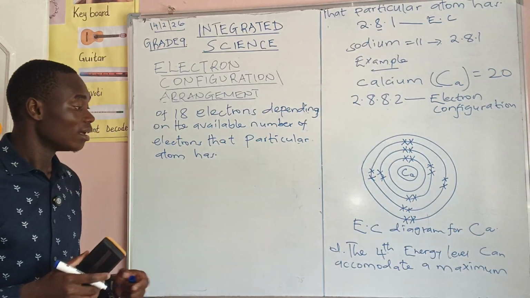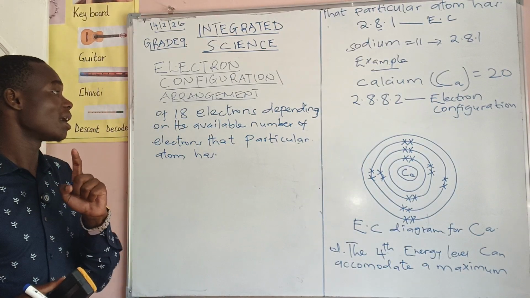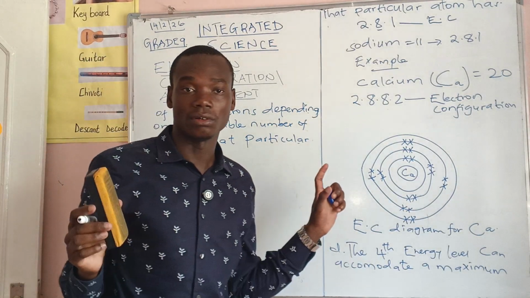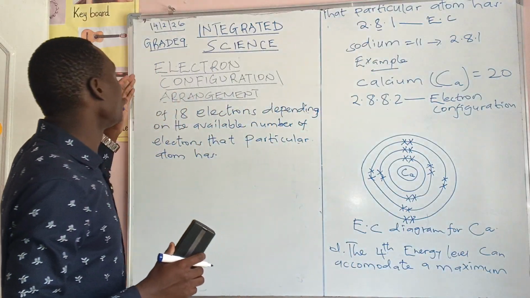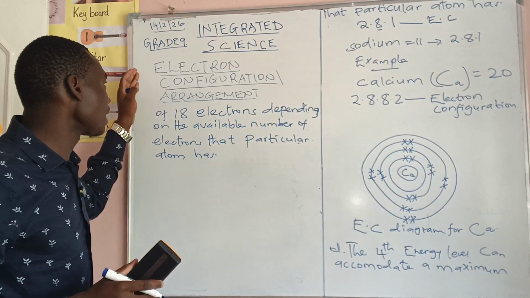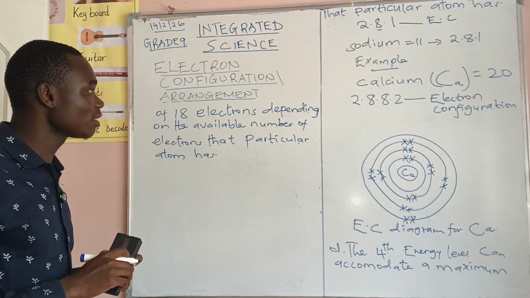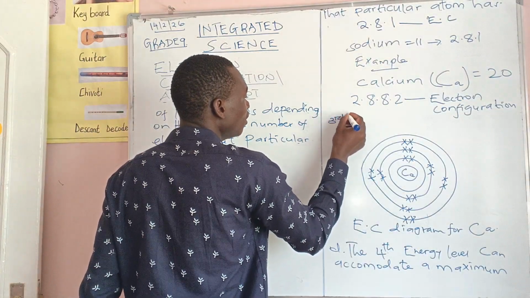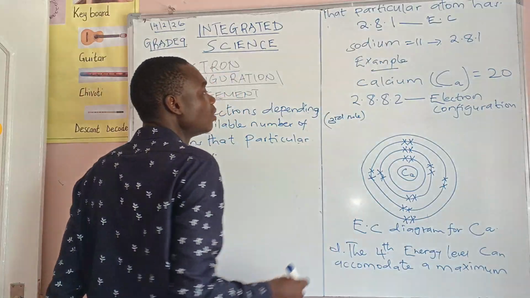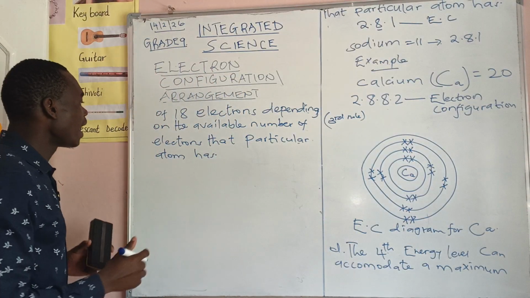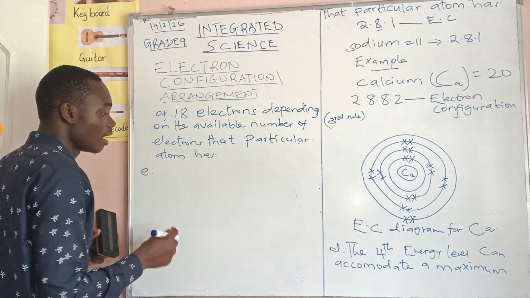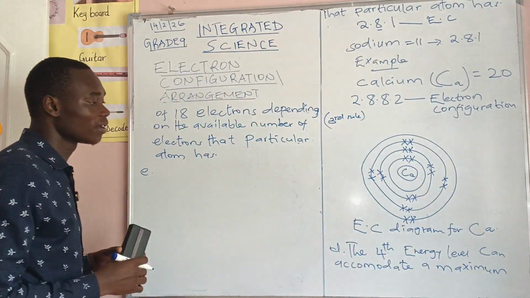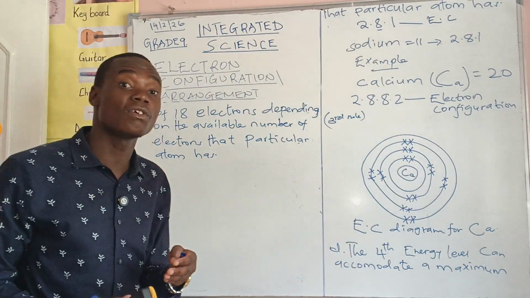So that is the fourth rule. But remember, up to your level, you will only be able to understand the electron configuration diagram up to the third rule. And now the last rule. Just know that the fourth energy level can accommodate a maximum of what?